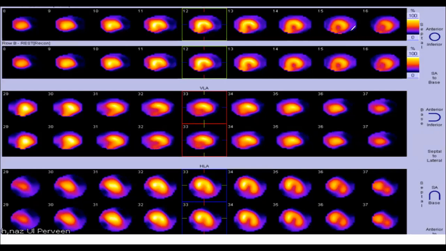So it's a small size. And a partial perfusion defect. Moderate severity or mild severity?